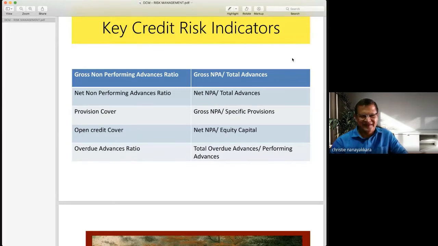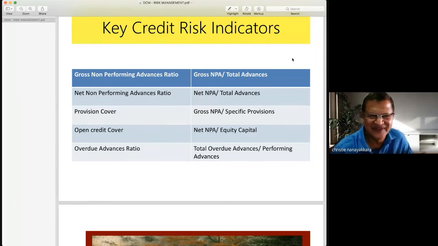You can do this calculation by yourself, even if you're in a branch. You can take your gross NPA, divide by your total advances, multiply by 100, and it will give you a percentage, that is your gross non-performing advances ratio.